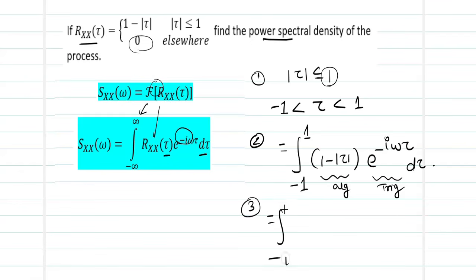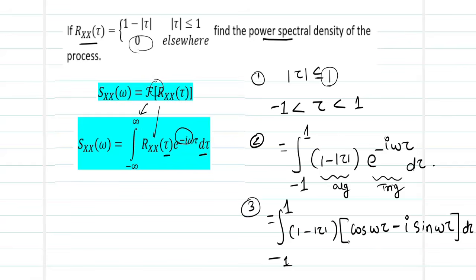So what we do is integral from minus 1 to plus 1, 1 minus modulus of tau, this e power minus i omega tau, I rewrite this as cos omega tau. Since it is a minus sign over here, I put a minus sign over here, i sine omega tau, with respect to d tau. So this is my step number 3.